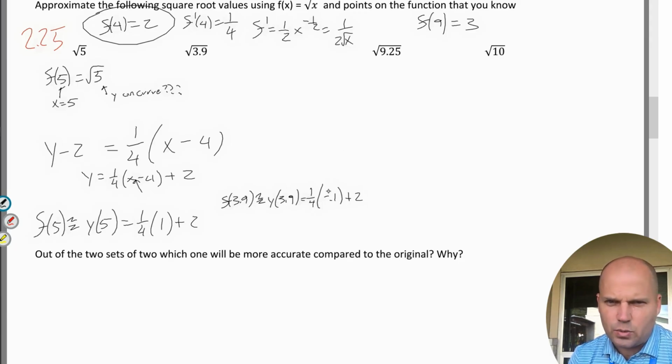If we want to change this to a tenth, that's great as well. It's up to you. Probably we could change it into negative 1/40 plus 2, which is 80/40, and get 79/40. This is the y on the line.